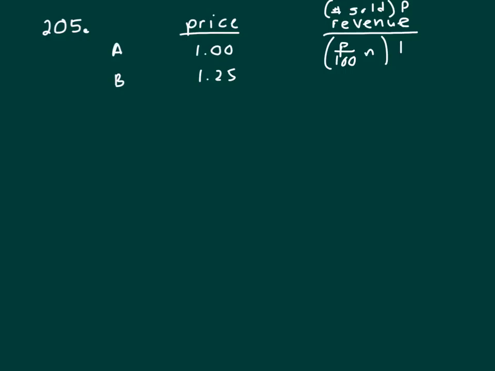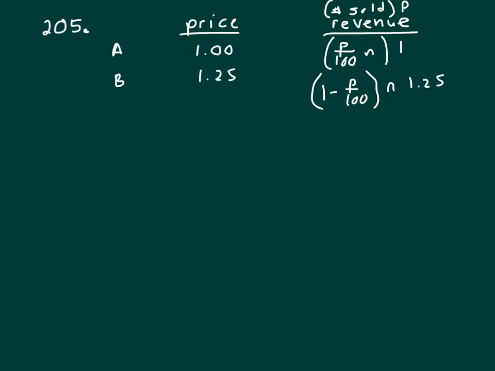Well, if P over 100 were sales from A, and they only sold A and B newspapers, 1 minus P over 100 would be the ones sold for B. So you take that percent, multiply it times the total number, and then how much is a newspaper B? It's $1.25.